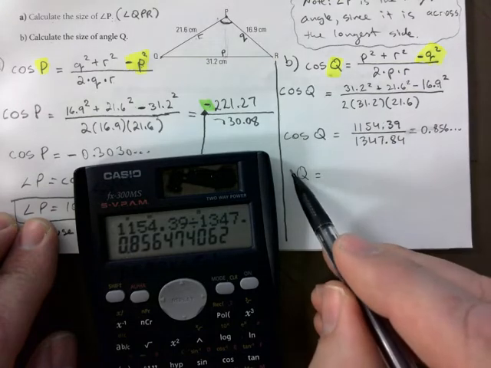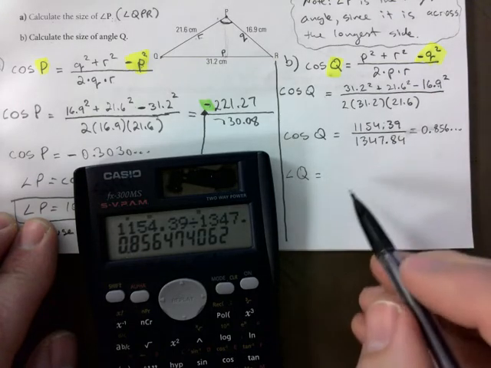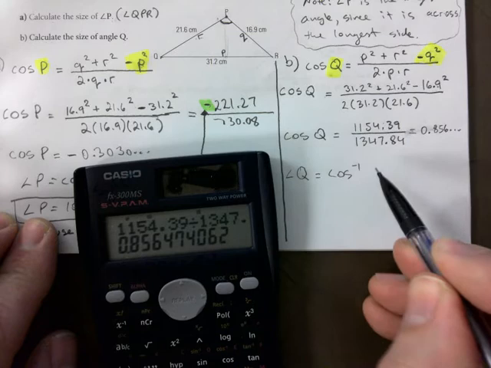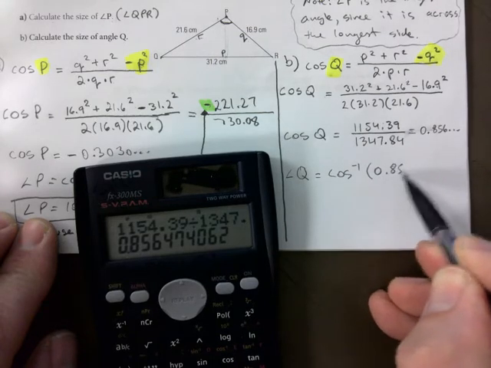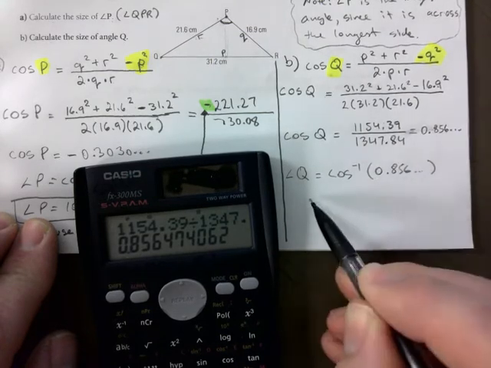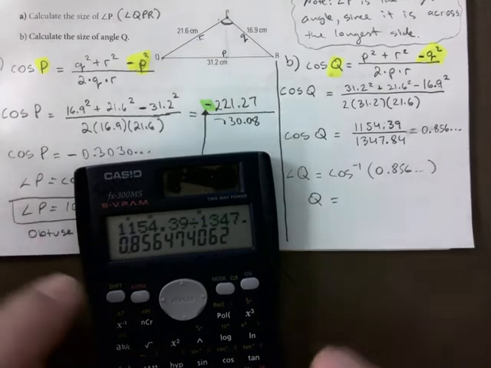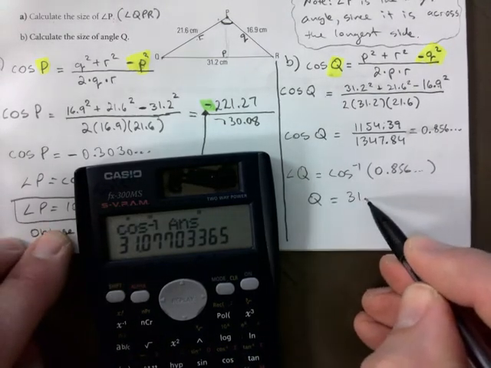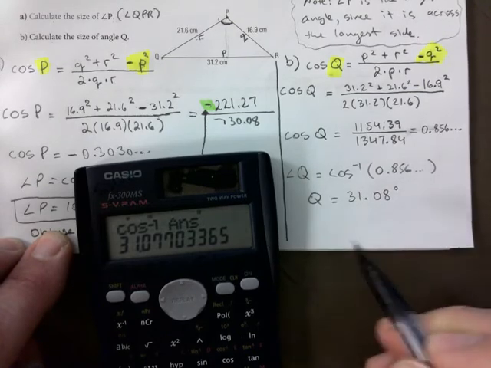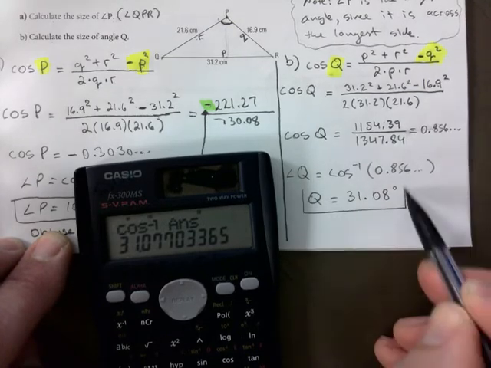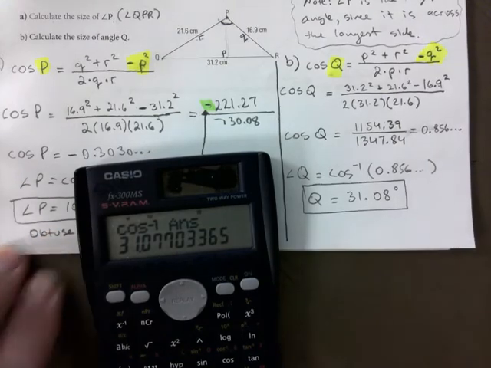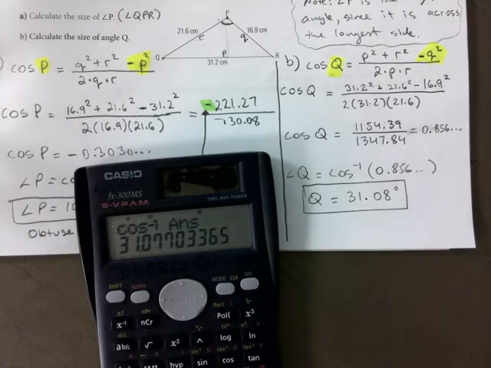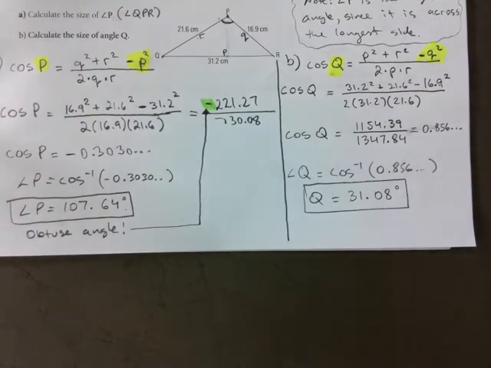You don't have to have that angle symbol. I'm okay without. But you go cosine inverse of 0.856 dot dot dot. That's the step I want to see. So I go shift cosine equals 31.08. So we've used cosine law twice to figure that out.